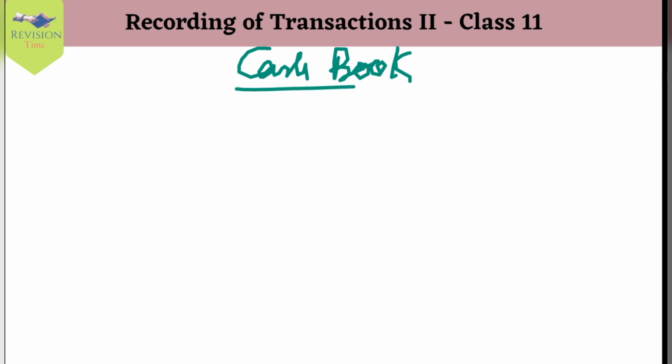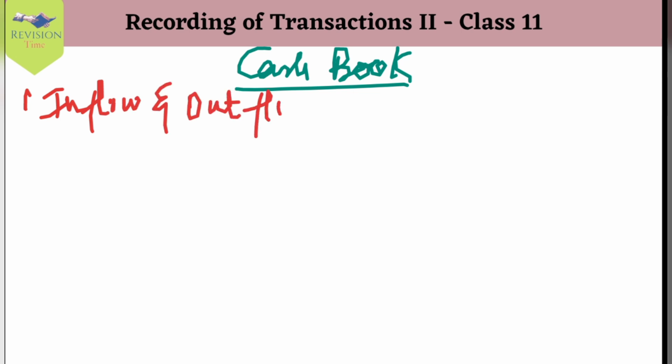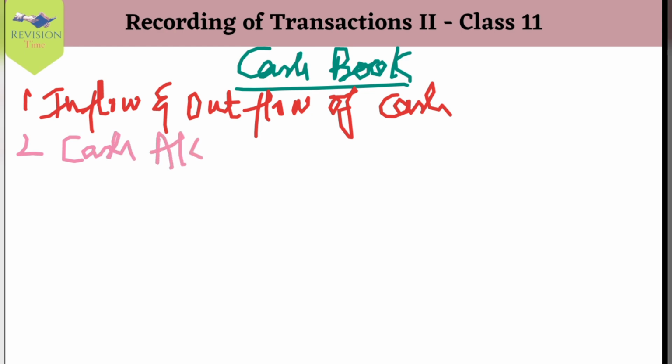Let us see what transactions are recorded in this cash book. First, inflow and outflow of cash. Second, we know that cash account is a real account. What are the rules of this real account?